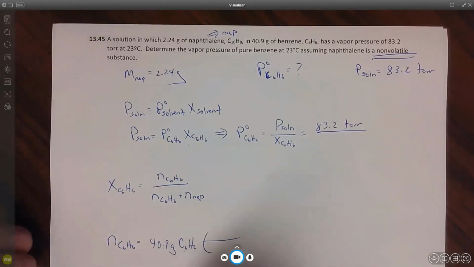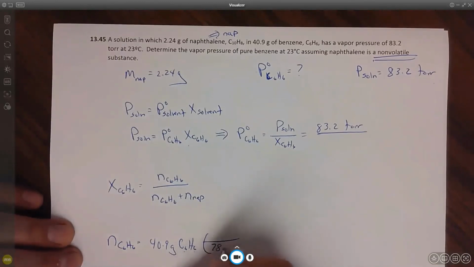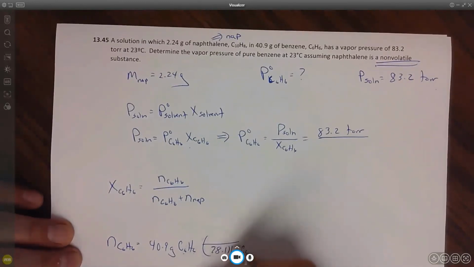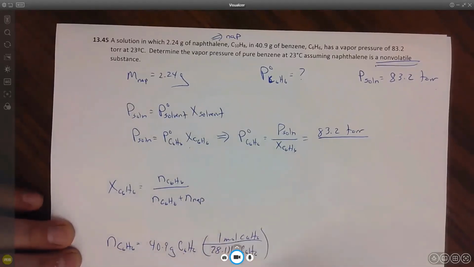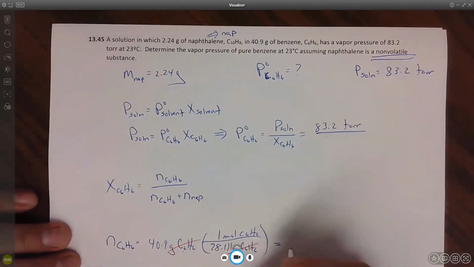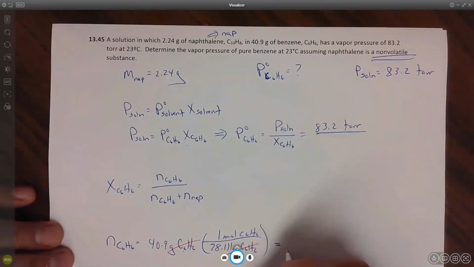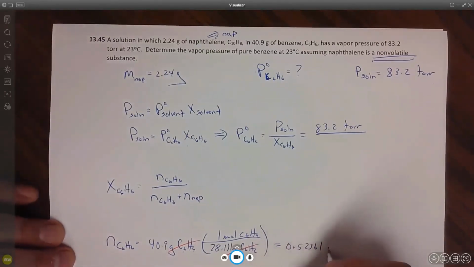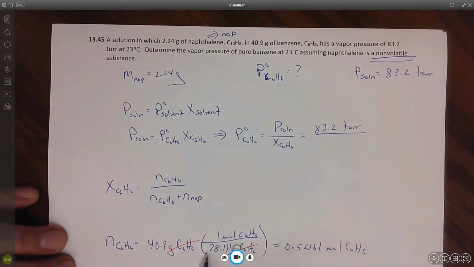That's going to give us 78.111 grams of benzene per mole of benzene, which gives us a total of 0.52326 moles of benzene. This is 3 sig figs.